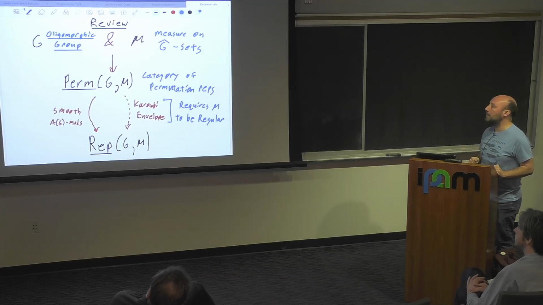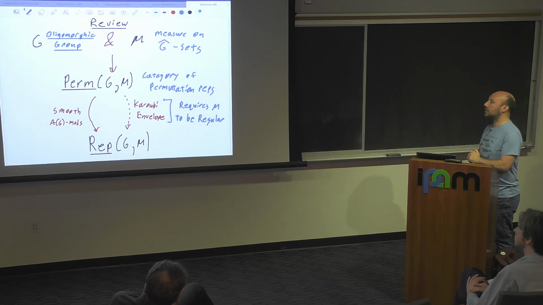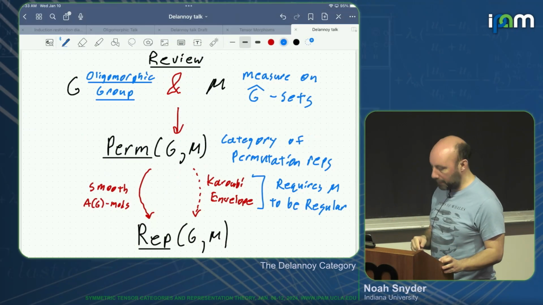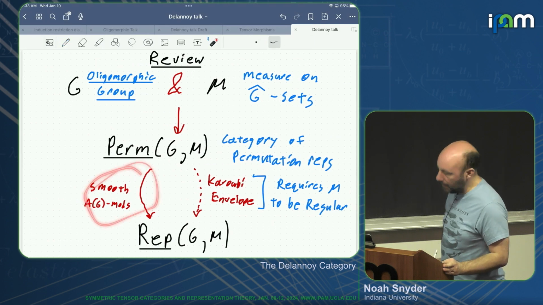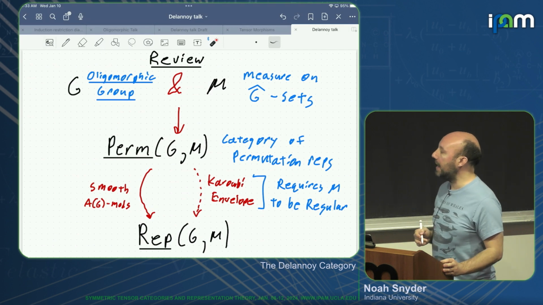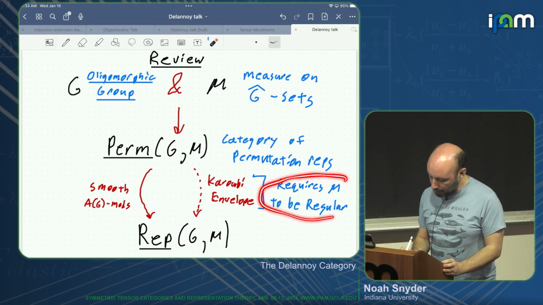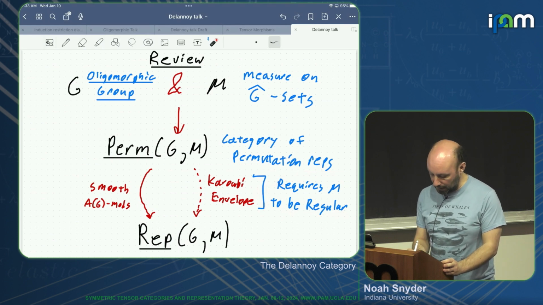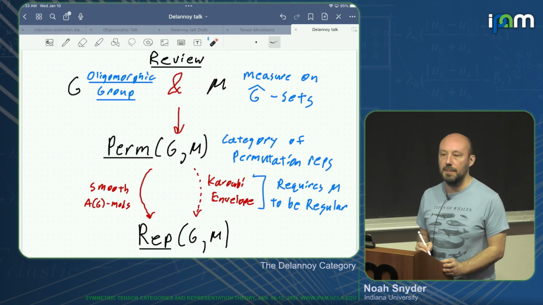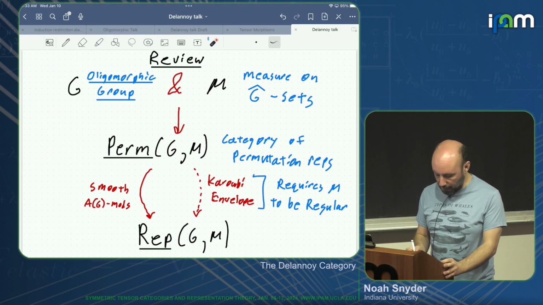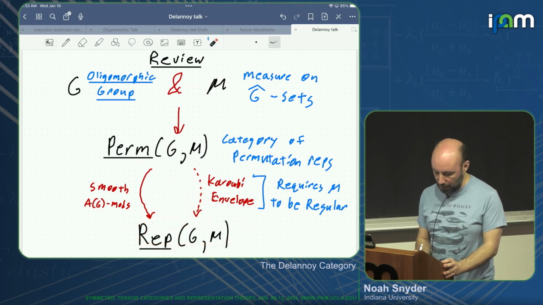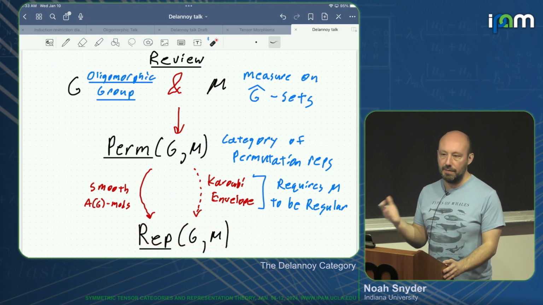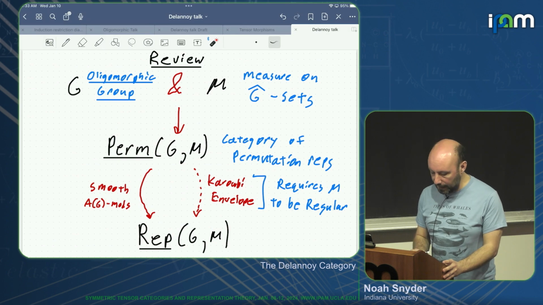From that, we can get this category of permutation representations, which is not abelian, and then you can get this abelian version of it, either as we saw in the talk this morning, by looking at these smooth models for this algebra AG, or if your measure is particularly nice, something called regular that we saw, then you can cheat. You could just take the Karoubi envelope here and you wouldn't have to do something so difficult. And then you get this abelian category rep G omega. And in this case, where you can take the Karoubi envelope, you just get something semi-simple, okay? And in the example that I'm going to be talking about today, everything is semi-simple.